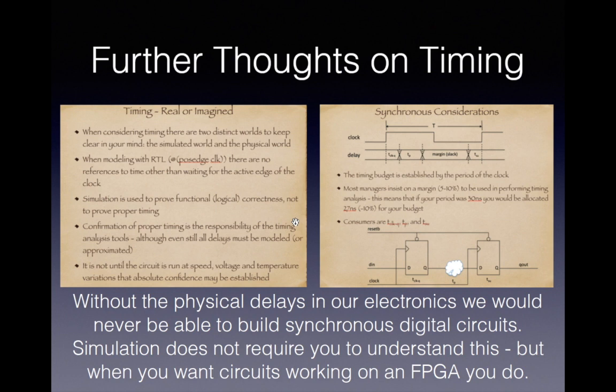So we call it register transfer language, or register transfer logic, or register transfer level, you choose. What it's referring to is that our design is moving from register to register on the active edge of the clock. We don't put any other delays in, so we don't model delays in our gates sitting between the flops.